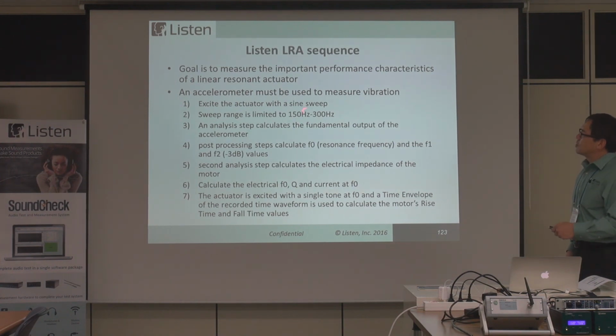We sweep it with this sweep, and then we figure out the fundamental response. We'll also use the impedance measurement right here to figure out what the impedance is, and then we have the resonant frequency.